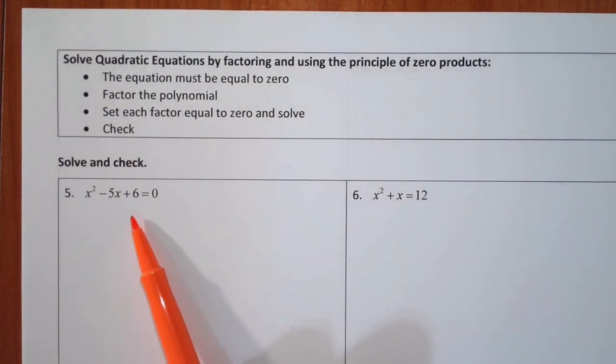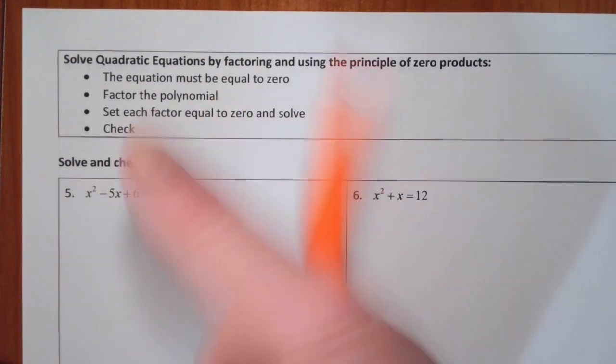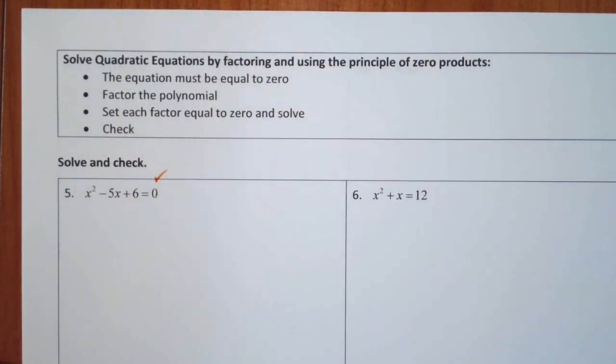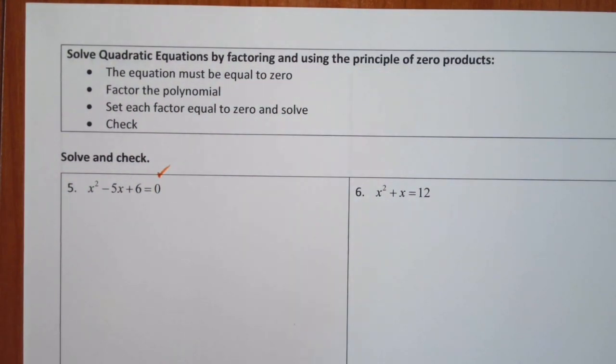Then you're going to factor the polynomial, set each factor equal to 0, and then check. Okay, so it must be equal to 0. It equals 0, so that part is done.